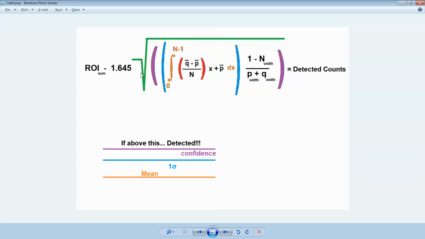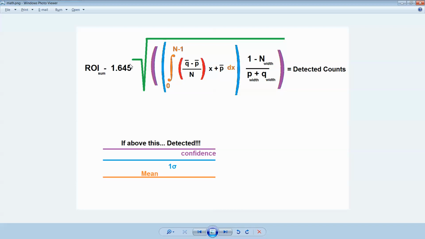Well, simplistically, I'm taking 1.645, which is a one-tailed 95% confidence. One-tailed in this case, because I'm not worrying about going below, I'm worried about going above. If I were worrying about going below, I would take a two-tailed. But I'm going to do a one-tailed confidence of 95%, meaning that 95% of the time, anything above what we detect here is going to be a count.